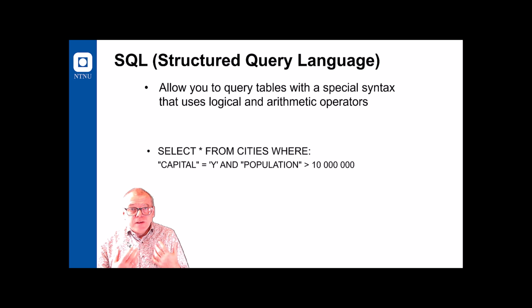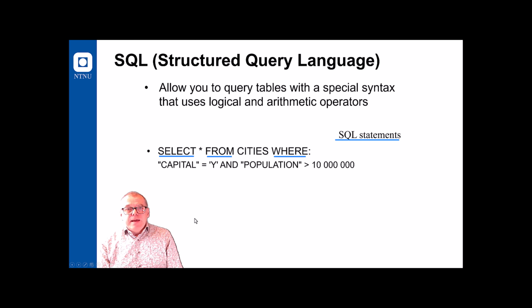So within GIS, SQL is very common, and this is just one example of how an SQL request would look like. So we have here what we call SQL statements: the SELECT, and the FROM and the WHERE are all SQL statements. Then we have a star.